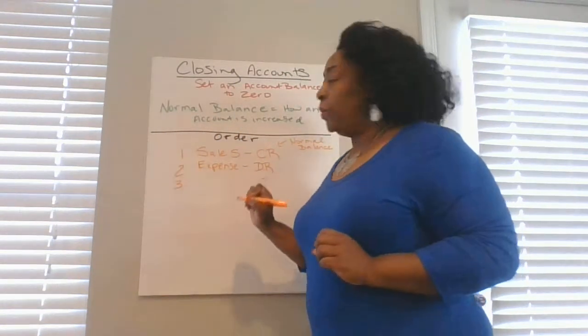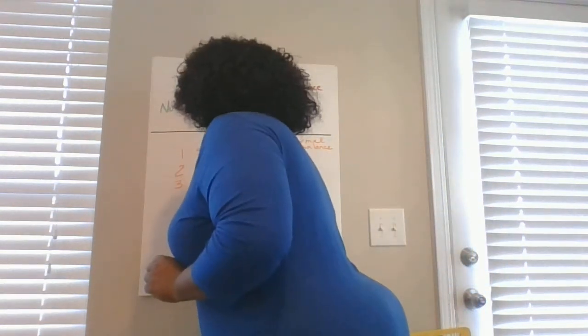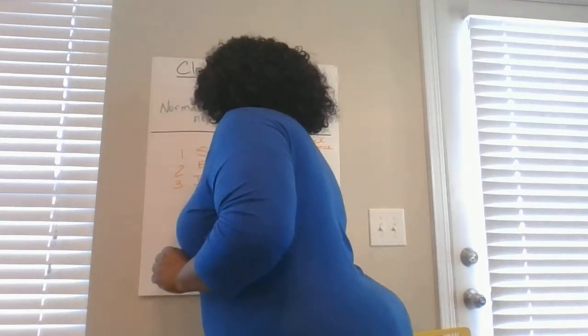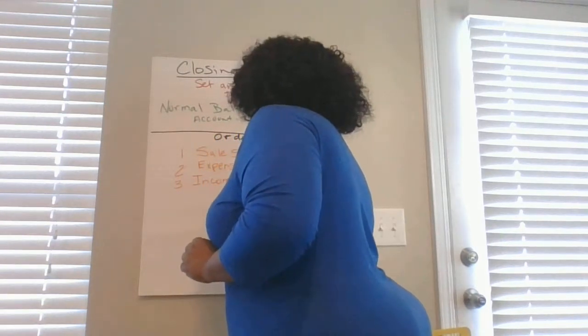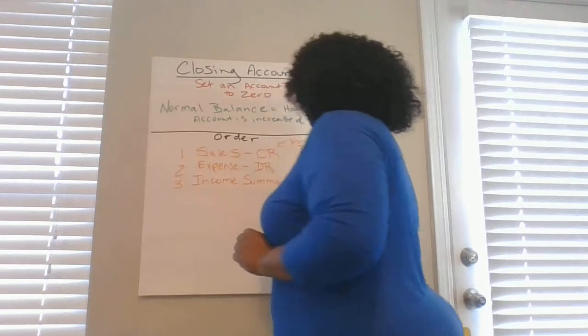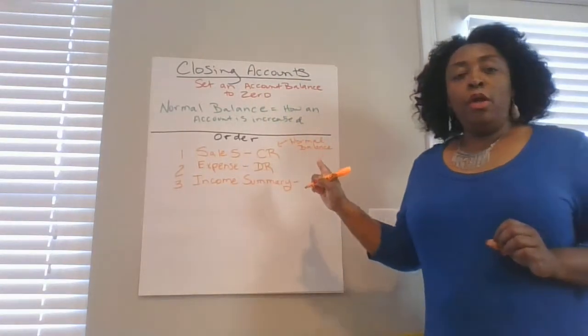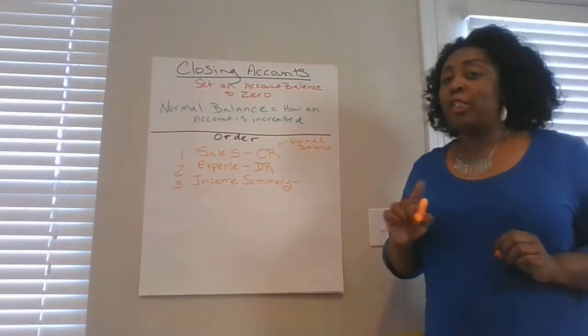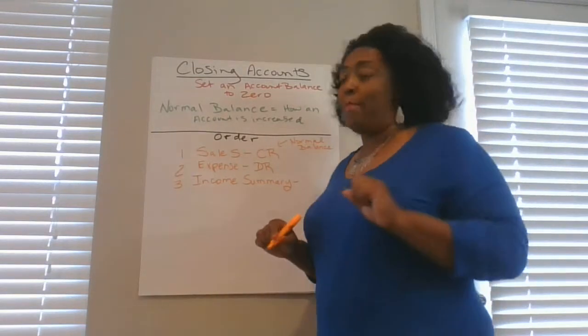Then we will close the income summary. The income summary has no normal balance, and we'll come back to that.